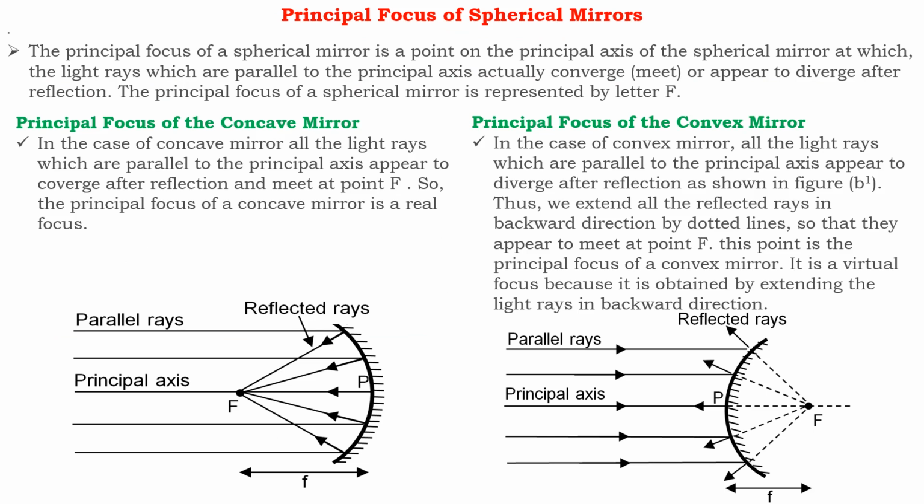Now, principal focus of spherical mirrors. The principal focus of the concave mirror. In the case of a concave mirror, all the light rays which are parallel to the principal axis appear to converge after reflection and meet at a point. So how are we getting the principal focus of the concave mirror?